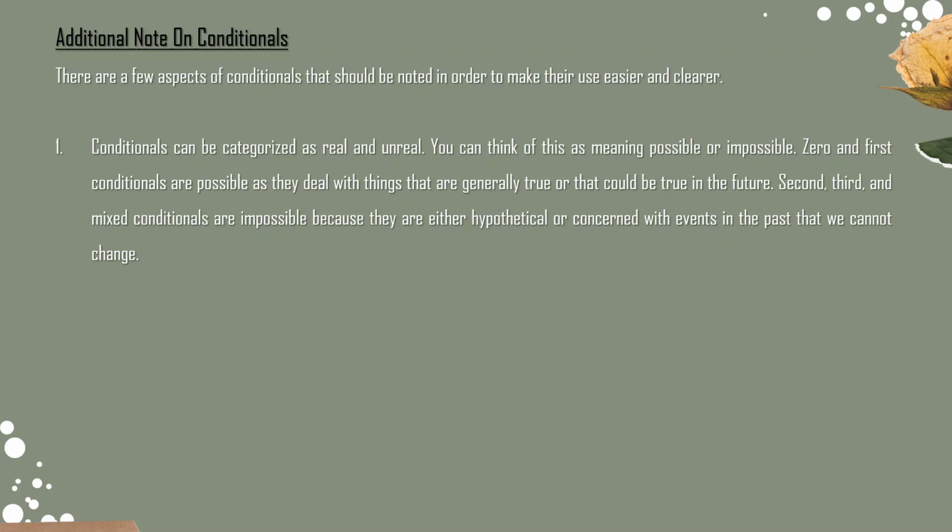Zero and first conditionals are possible as they deal with things that are generally true or that could be true in the future. Second, third, and mixed conditionals are impossible because they are either hypothetical or concerned with events in the past that we cannot change. You can see in here, real conditionals: zero and first. Unreal conditionals: second, third, and mixed.